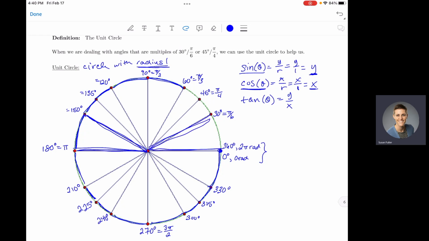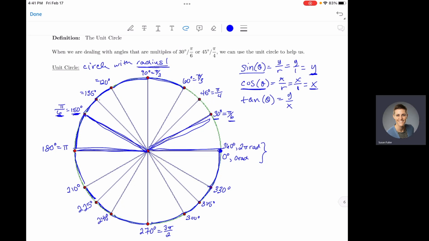So this angle of 30 degrees and this angle of 150 degrees have the same reference angle. Because they have the same reference angle, their radian measures are going to have the same denominator. So I know this is going to be a number over 6, and there's going to be a pi on top. I just have to figure out what number goes with it.